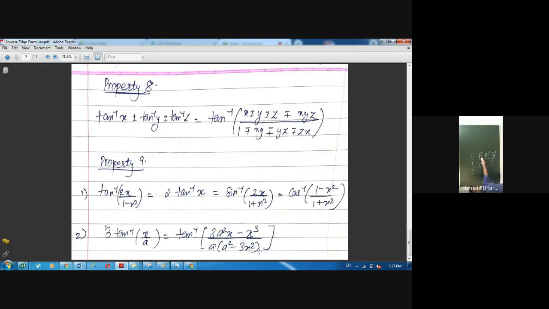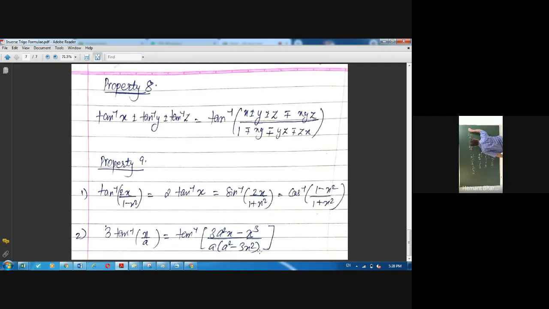These formulas are from trigonometry only. You just have to write it as, here I can write it as sine inverse of, and wherever there is tan x, you just put x. So this will become 2x upon 1 plus x square. Similarly, here I can write it as cos inverse of, wherever there is tan, just put x over there.